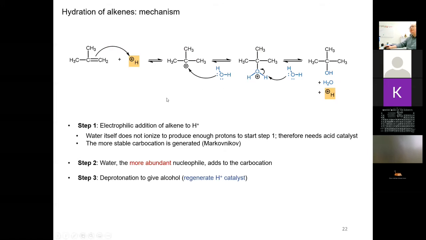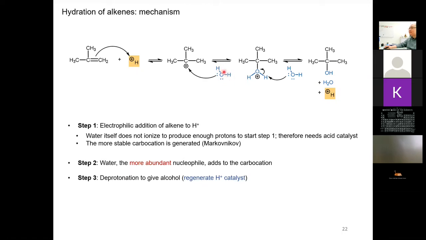Okay, so the reason why the reaction needs an acid catalyst is because water itself does not ionize to produce enough proton to start. Okay, so again, by comparison, in the HX addition, the HX ionizes very quickly to give a proton, but water is very slow because it has a higher pKa.